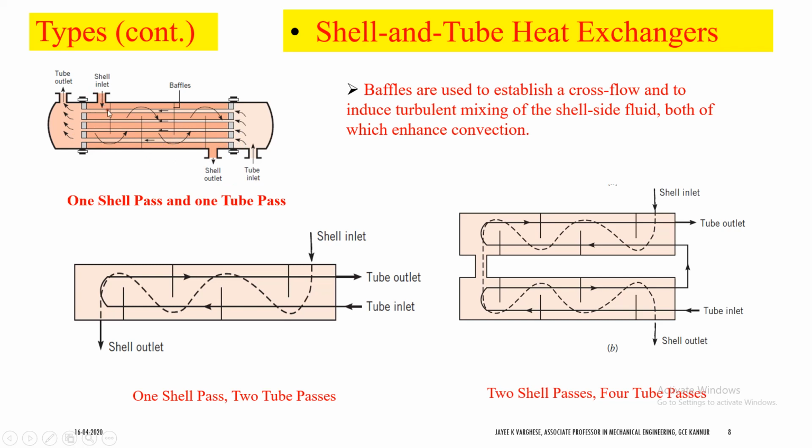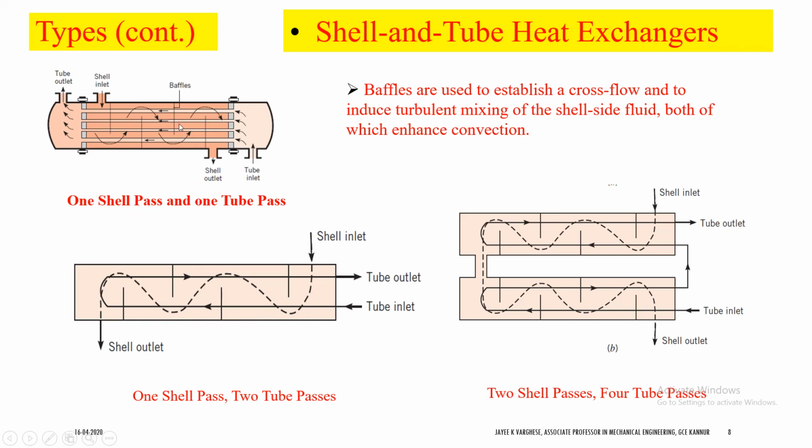It can be either the hot or cold fluid flowing through the shell, and the other will be flowing through the tubes. So based on the number of passes of the shell flow as well as the tube flow, we can call it one shell pass and one tube pass, or one shell pass and two tube pass, like this.